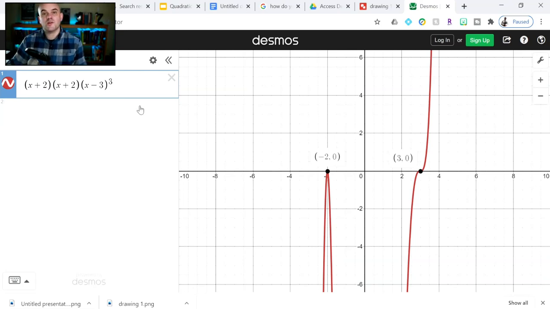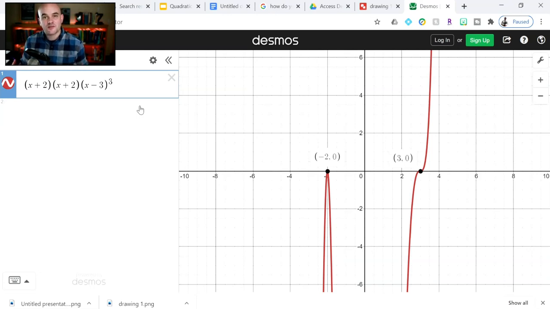So you can really start to create your own graphs, because if you want the function to have zeros at a certain spot, then you write the factor accordingly. If I want the zero to go through at positive 9, I'm going to make a factor of x minus 9. And then you can decide, do I want that graph to bounce or go through at the x-axis?